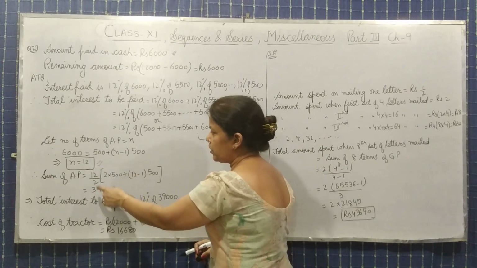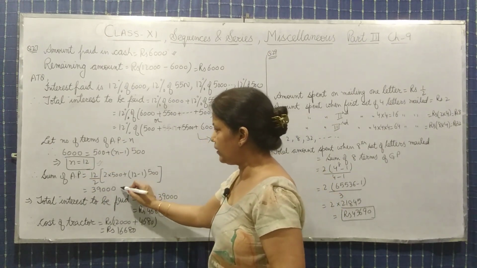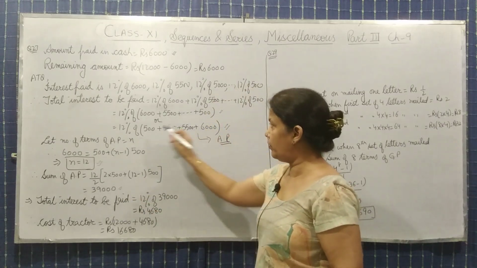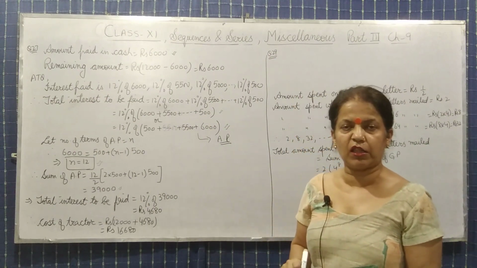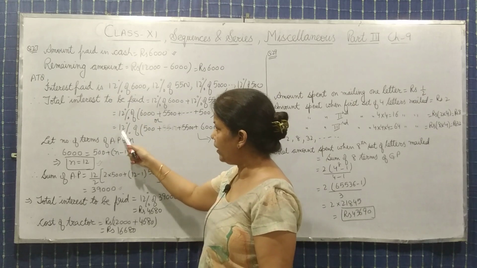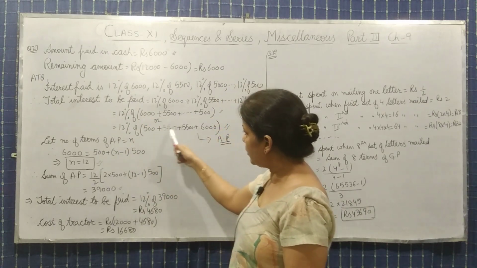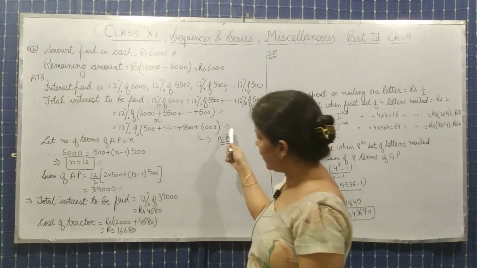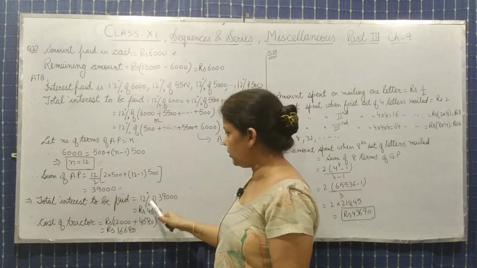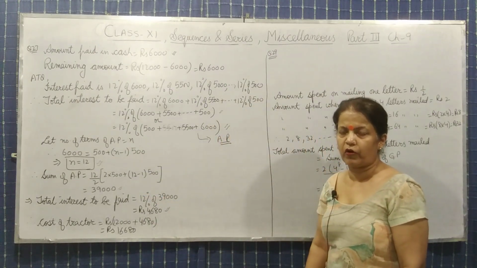After solving it, the sum of the terms comes to 39,000. So the sum from 500 to 6,000 is 39,000. So the total interest he has to pay is 12% of 39,000. We found the sum of this AP series, and then took 12% of 39,000. This is the extra amount he has to pay for the tractor.